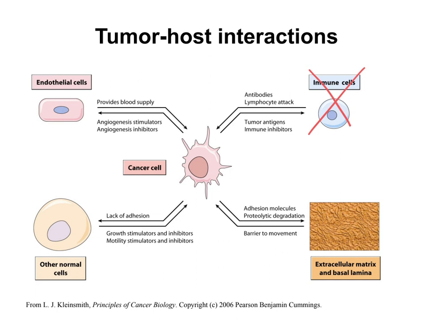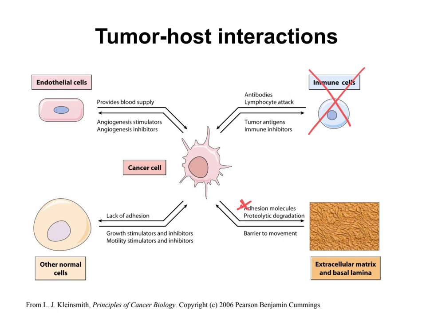And we had said that if the cell is not adherent to something, then it's going to undergo anoikis. It's going to undergo programmed cell death. So at some point, the cancer cell has to evade this process.